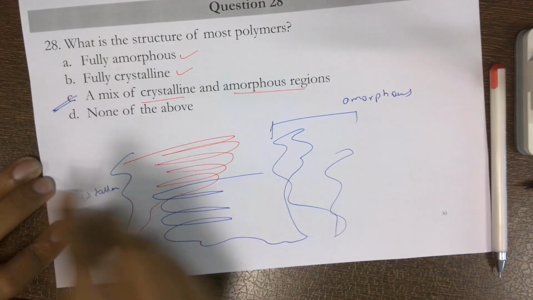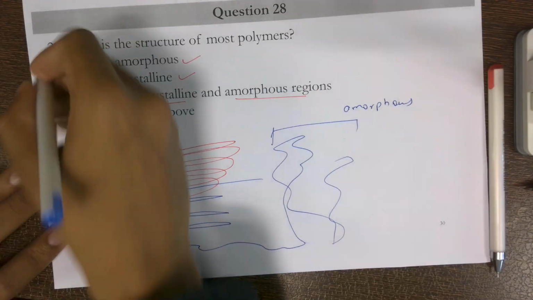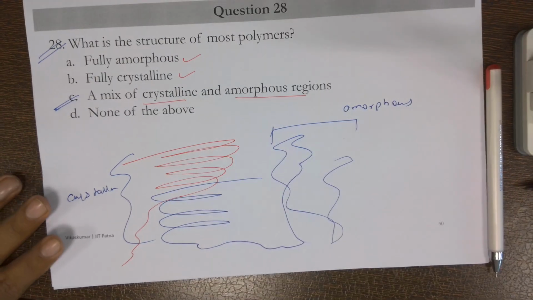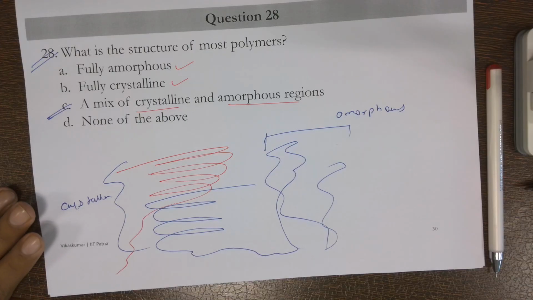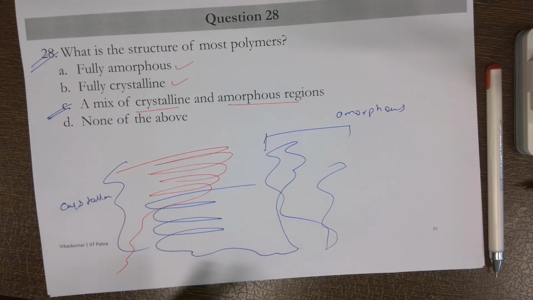So it's always a mixture of the crystalline and the amorphous region. So with that, we have solved question 28. The polymer is neither completely crystalline nor completely amorphous, but it's in the gray zone.